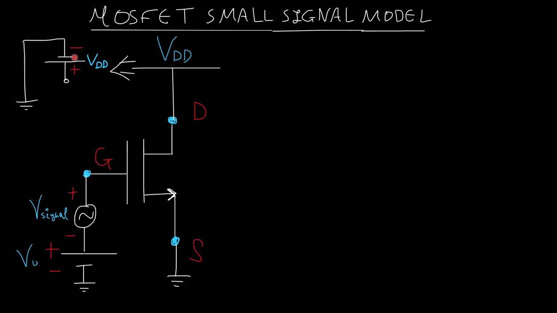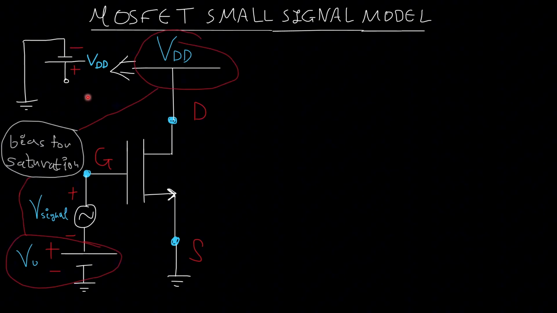It's a battery connected like this, with a positive terminal to the drain and the negative connector to the ground. I connect them just to ensure that my device is in saturation. If we're not in saturation, the small signal model is useless, and we cannot write it like this. We have a current flowing from the drain to the source, obviously.